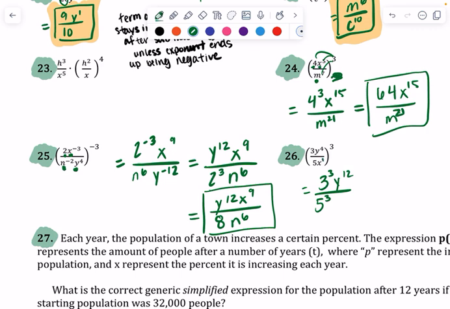And then x to the 1st to the 3rd. 1 times 3, x to the 3rd. Can leave the y's and the x's. Can't combine them, not alike. But get what 3 to the 3rd is. Get what 5 to the 3rd is. So 3 to the 3rd, 3 times 3 times 3. 5 to the 3rd, 5 times 5 times 5.